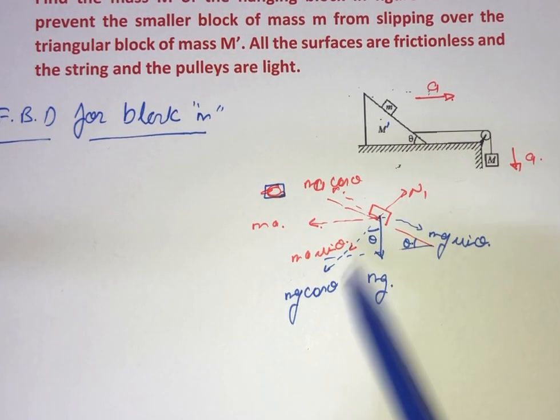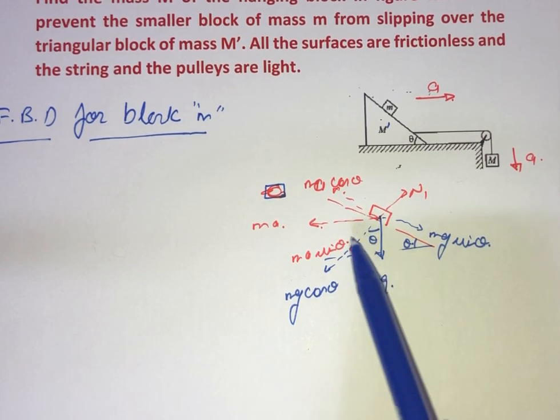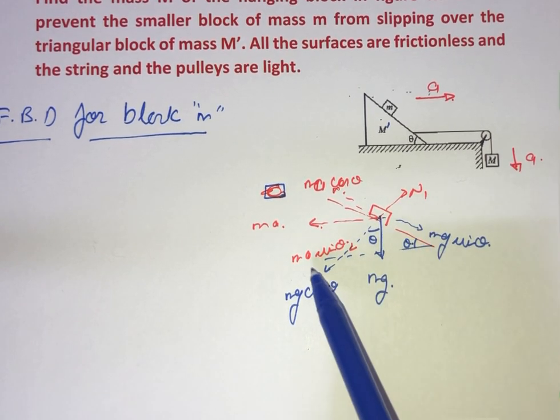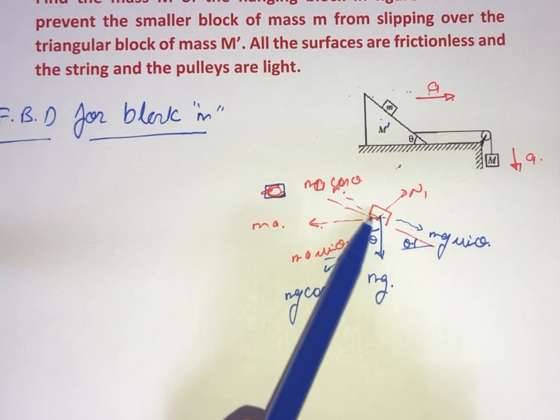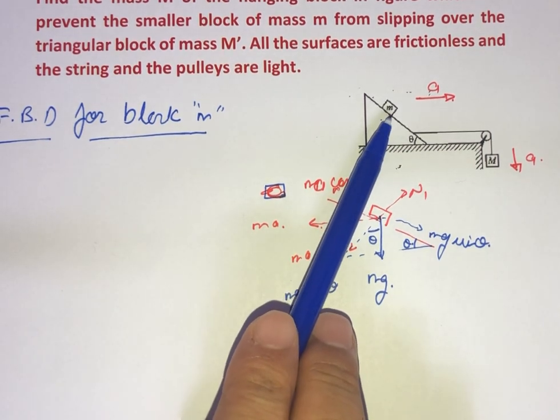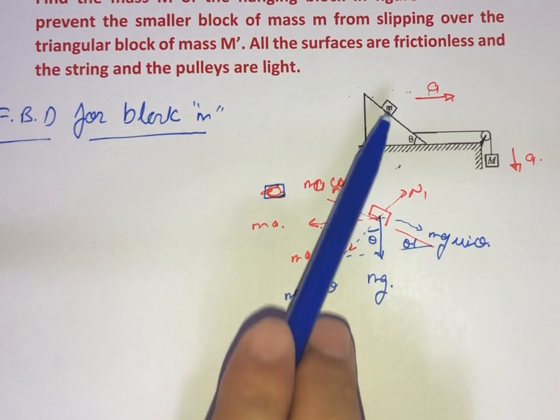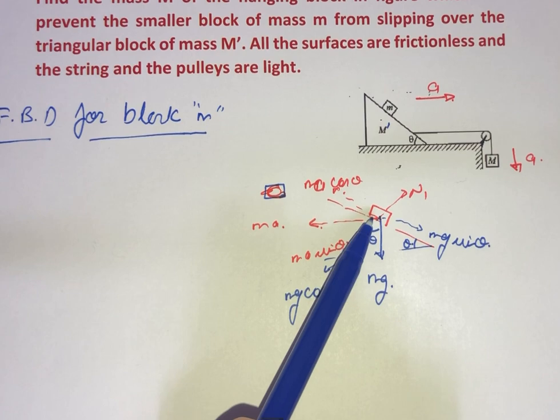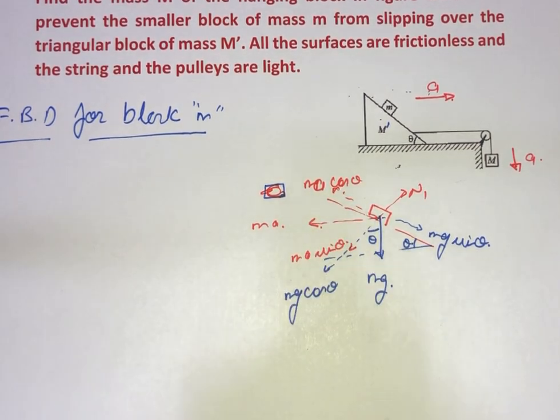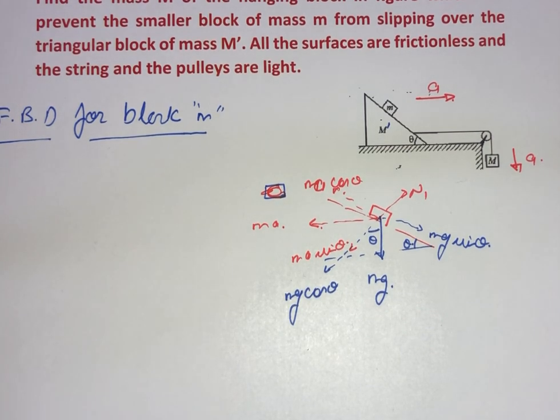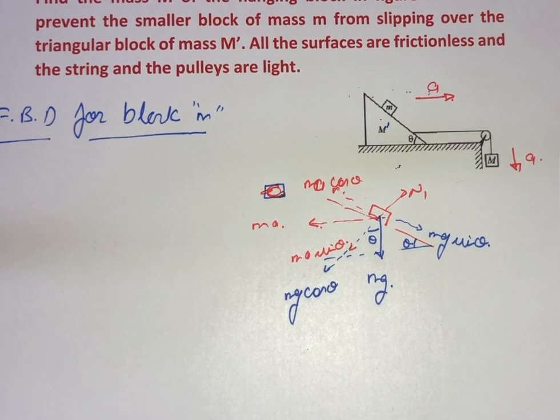So these are the various forces. Now we are not going to consider the forces which are not contributing to the motion, like N1, ma sin theta, mg cos theta. They do not have any contribution to the motion. So the motion of this block m is only affected by two components. One is mg sin theta and another one is ma cos theta, and it is given that there should be no slipping.